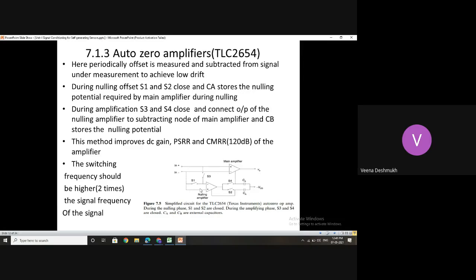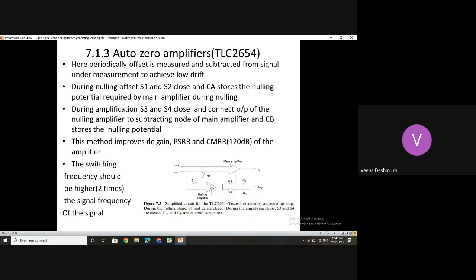If the switching frequency is not maintained properly, then it may lose some data which is already sensed here. So the sensor data has to be properly switched on and read here properly. If the switches are not properly switched on at regular intervals, then you may lose some data.